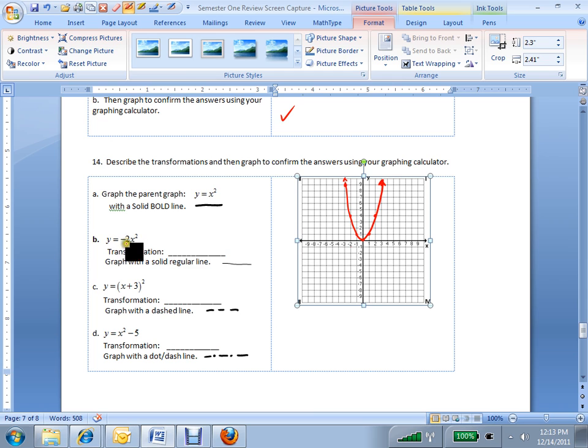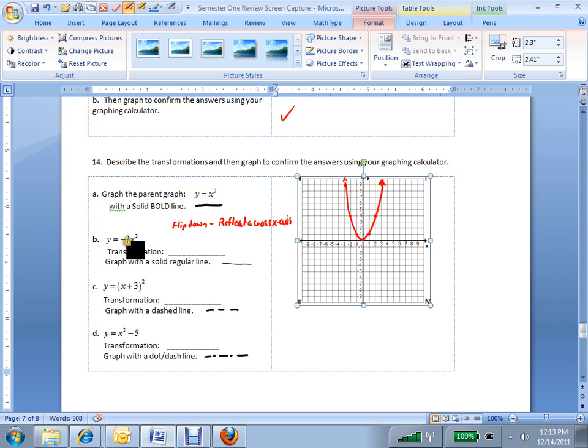Now let's go to part B. I want to graph. First I'm going to think of what the transformations are. If the negative sign is in front, that would be a flip down, or using formal words, reflect across. Flipping down would be reflecting across the x-axis.